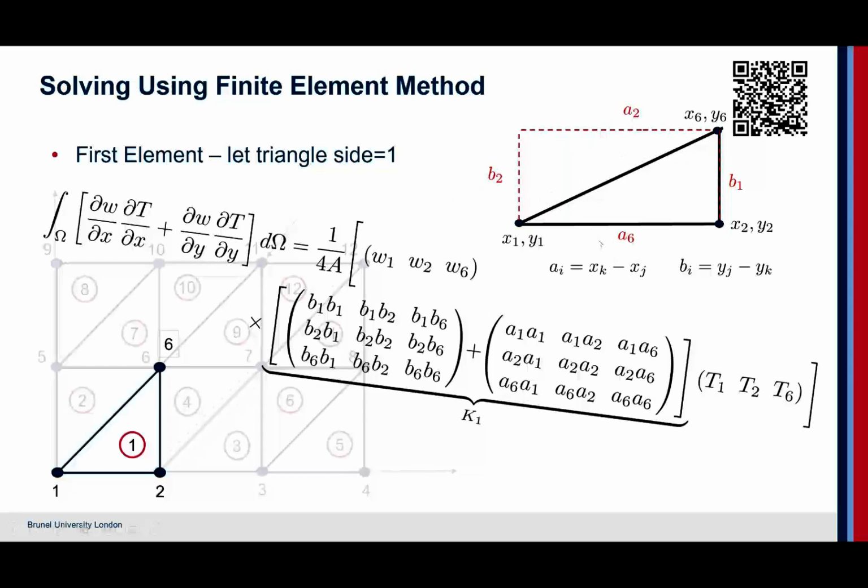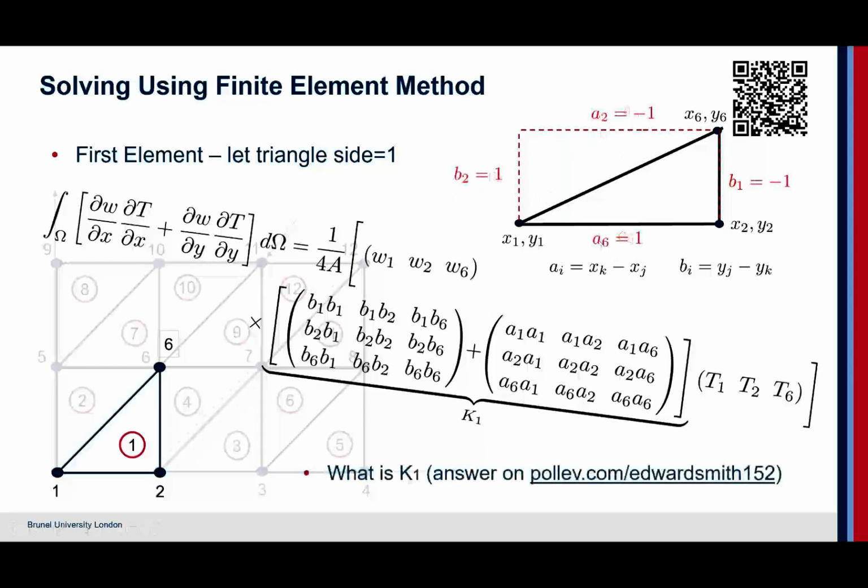So those other expressions are equal to 0. So we have B2 equal to 1, A2 equal to minus 1, A6 equal to 1, B1 equal to minus 1, and B6 and A1 are equal to 0.